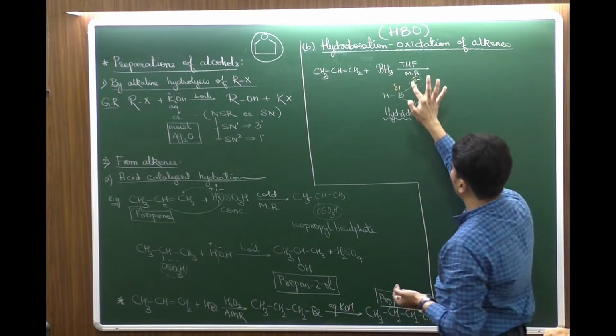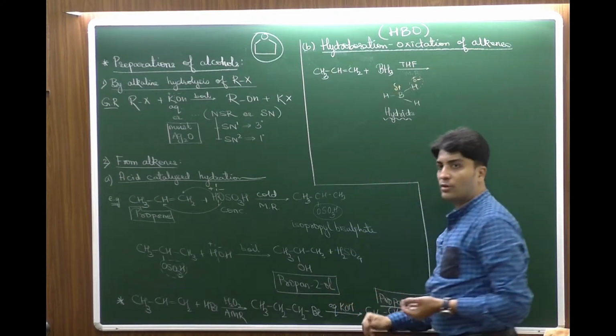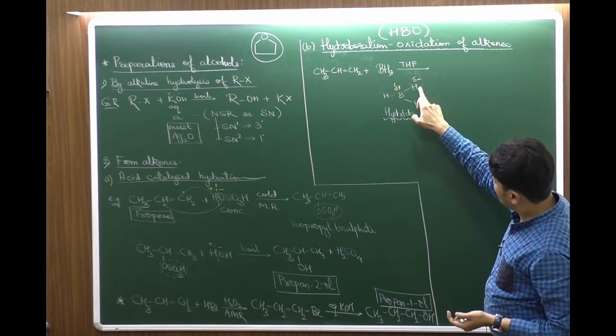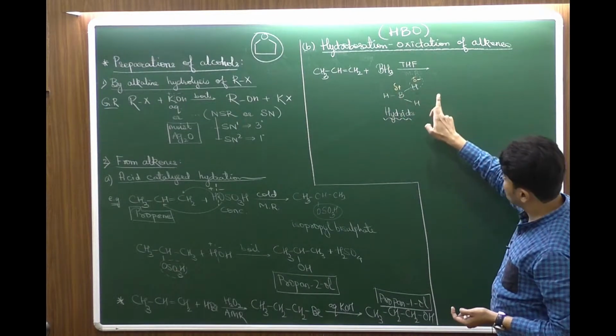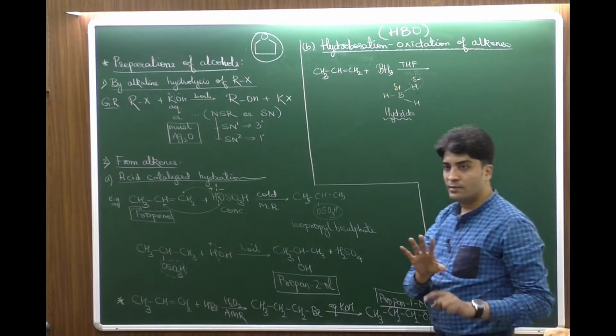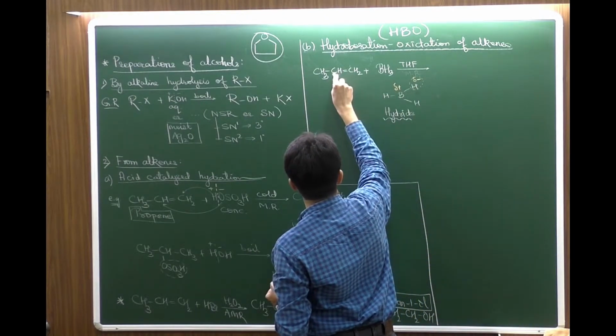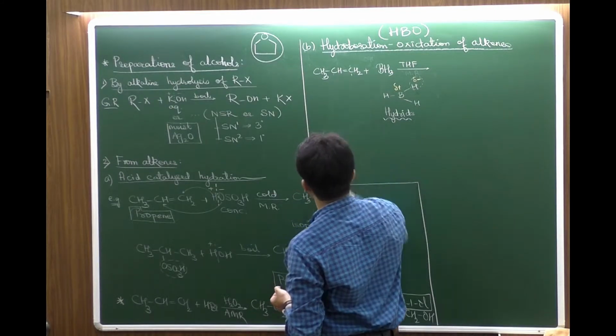So here I should not be writing Markovnikov's rule, but what we are applying is actually the Markovnikov's rule. So now the negative part of the reagent goes to that double bond carbon having less number of carbons, normal MR. So H minus will be added here, so the boron will be added here.